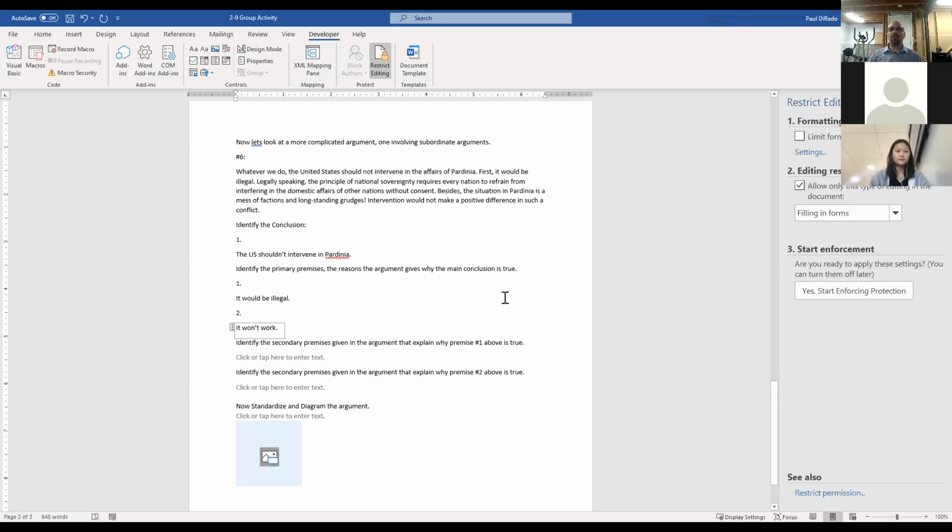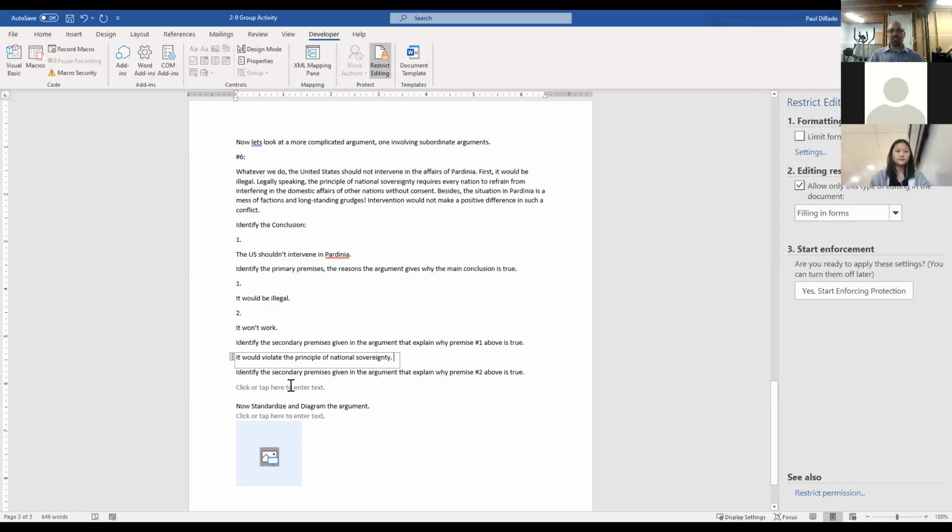And then if you ask yourself, okay, well, why would it be illegal? Well, it has something to do with this principle of national sovereignty. That's why it would be illegal. Similarly, why is it not going to work?